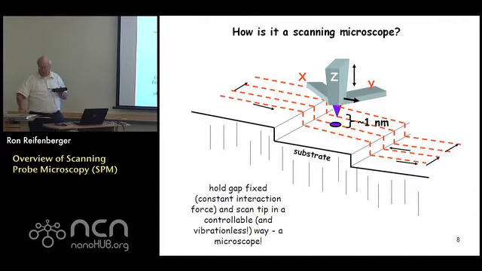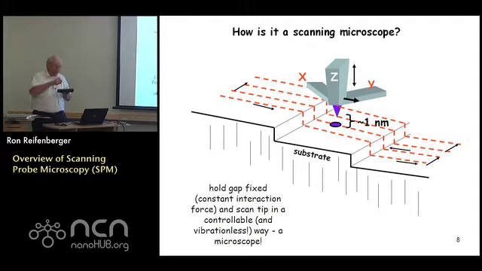So you have to learn how to make sharper tips. And the sharper you make the tip, the better resolution you will achieve when you try to image these nanoscale features on substrates. So the trick is to make sharp tips and to control the motion of those tips back and forth as the tip moves across a substrate.